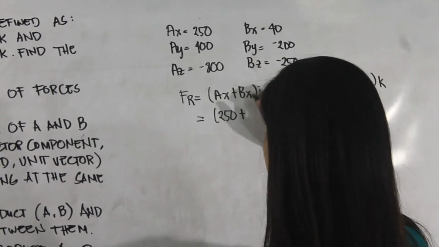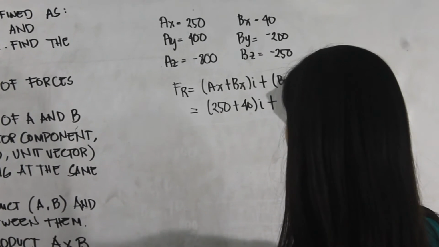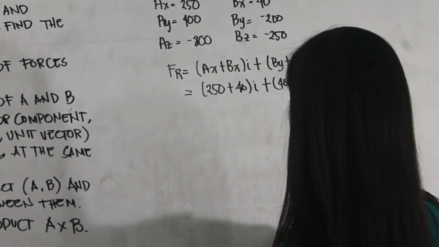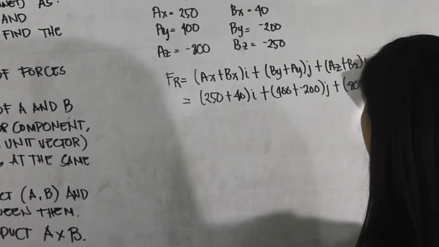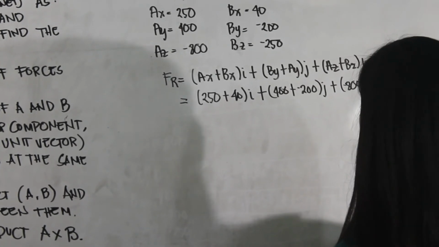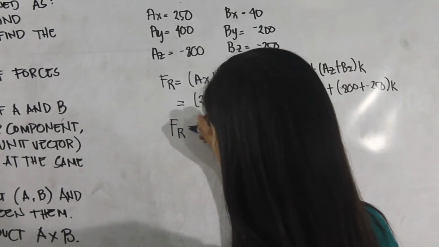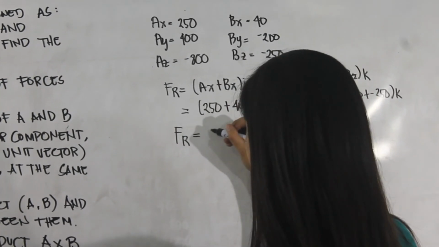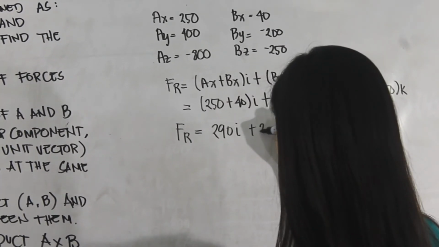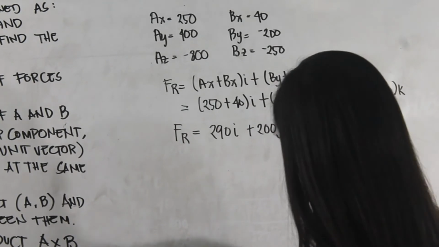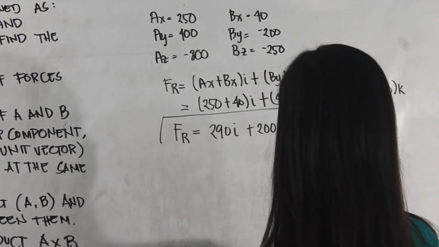It's 250 plus 40 I plus 400 plus negative 200 J plus negative 800 plus negative 250 K. And the answer will be 290 I plus 200 J minus 1050 K.